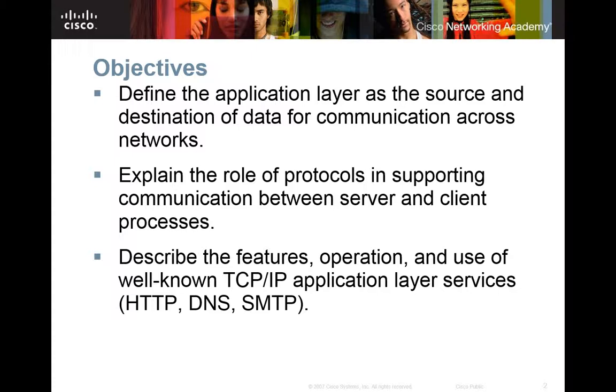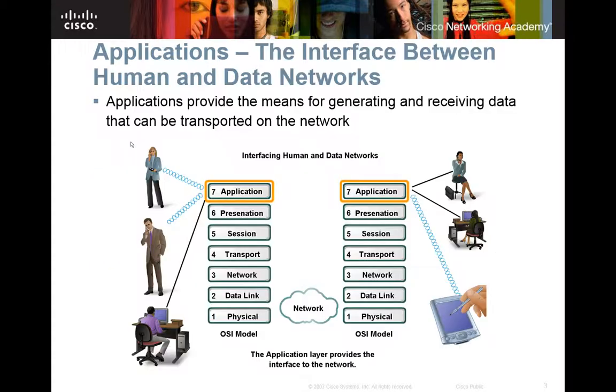We'll talk about what protocols and services are up there, and then the protocols in support of communications between the server and client. We're focusing on layer 7 of the OSI model, the application layer, and it provides the means for generating and receiving data that can be transported to and from the network.